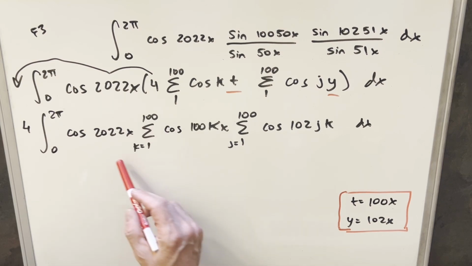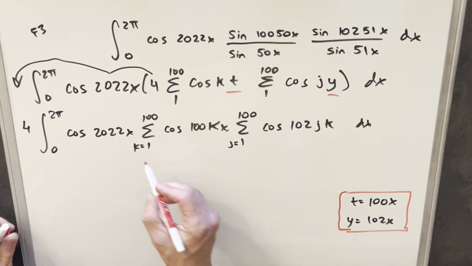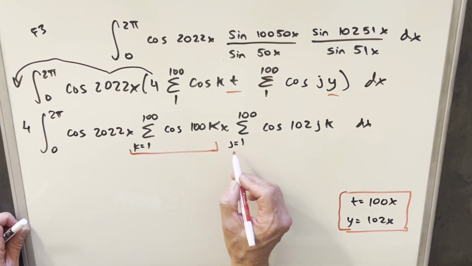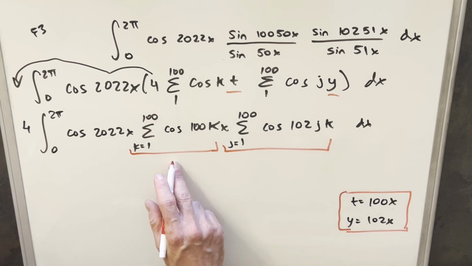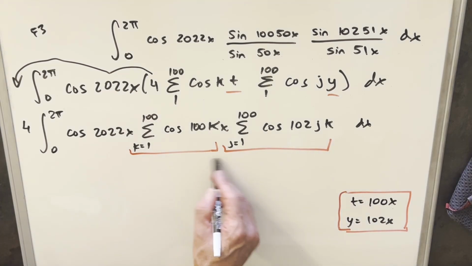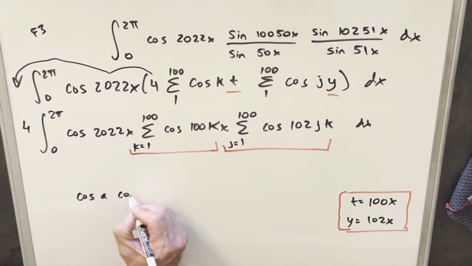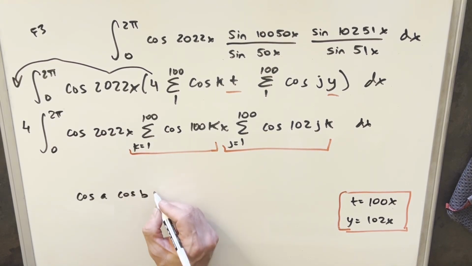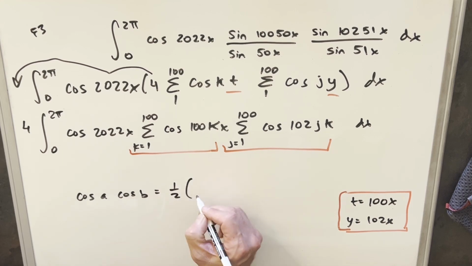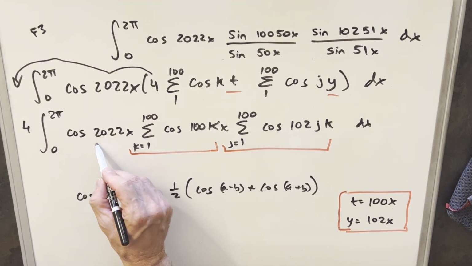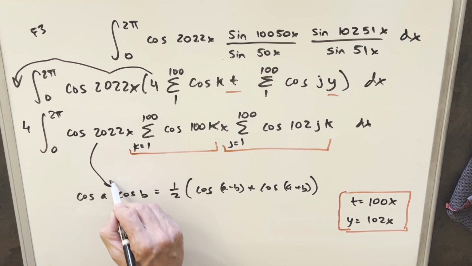Okay, now it's good news that we have it down to one expression, except for the fact that we have 2 series multiplied together with 100 terms each. So when we multiply these together, every single term is just going to look like cosine a times cosine b. And that's what we saw on the previous board, and we have a formula for that. But then from there, we're going to be multiplying cosine of 22x into each one of these.